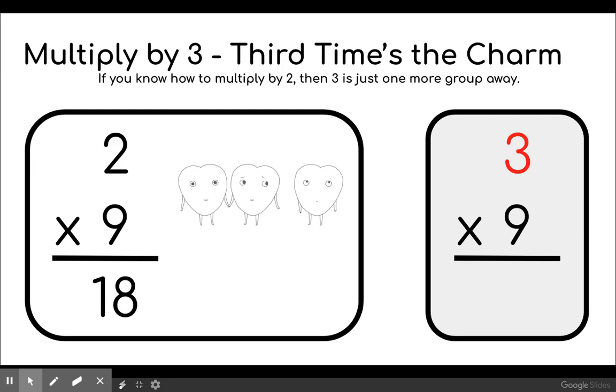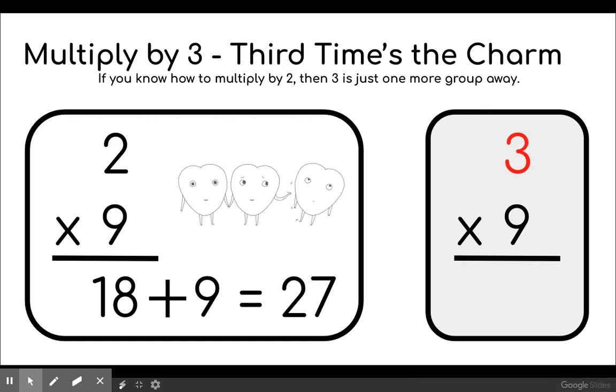We needed 3 times 9. So that means that we need to add one more group of that 9. And when we do that, we get 27. So now that we have 3 groups of 9 with 27, that means that 3 times 9 equals 27. So turn the 3 problem into a 2 problem real quick, and then add one more group of that other number.